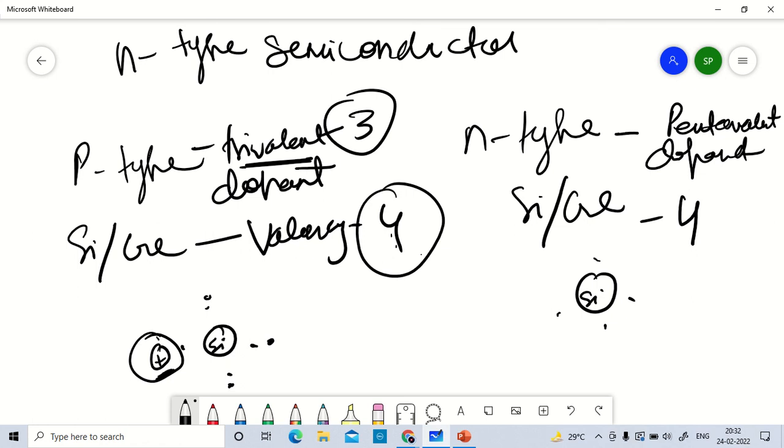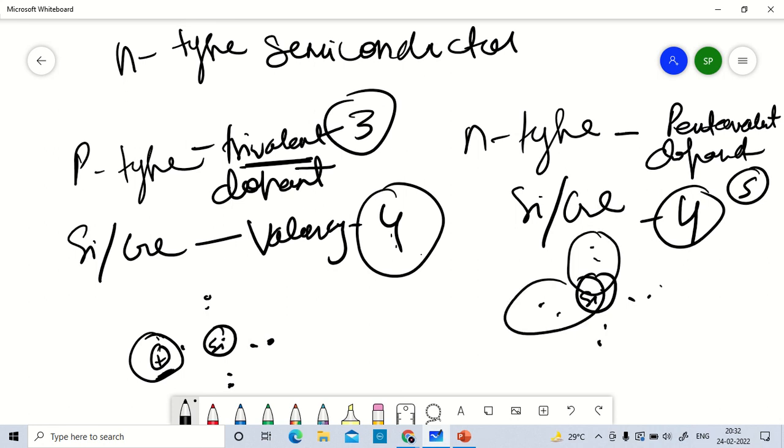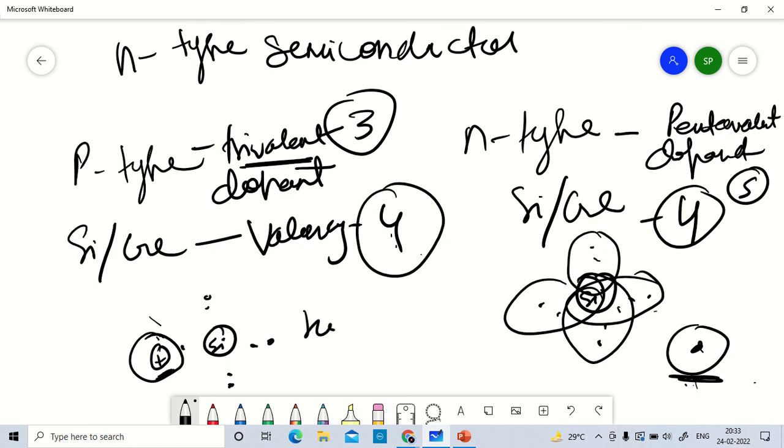So one will be a hole, whereas over here we have 5, whereas we only need 4. It's already fulfilled, so this one electron is left out every time. So here electrons are going to be more, here holes are going to be more. This is, I think, very self-explanatory. Now we are just going to elaborate these 2 points more and more ahead.